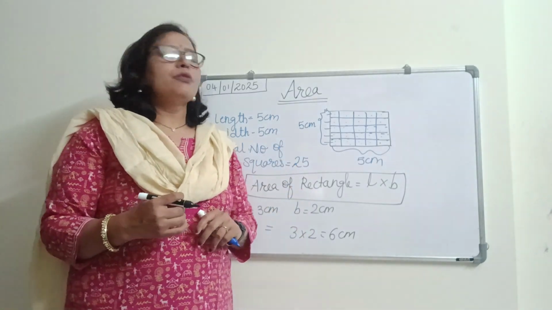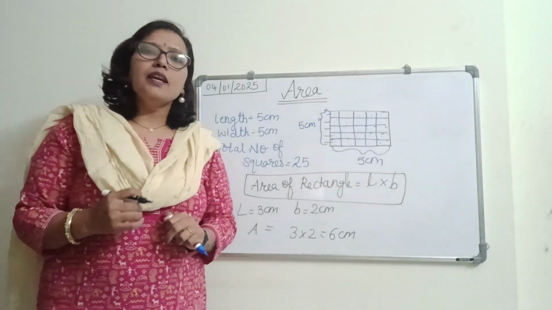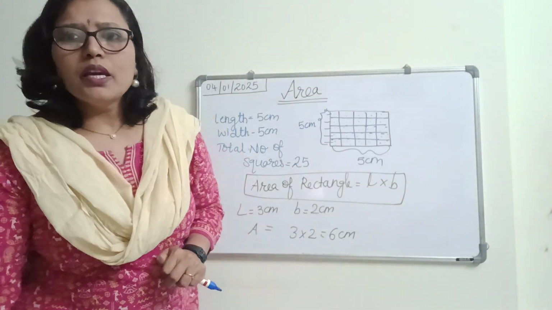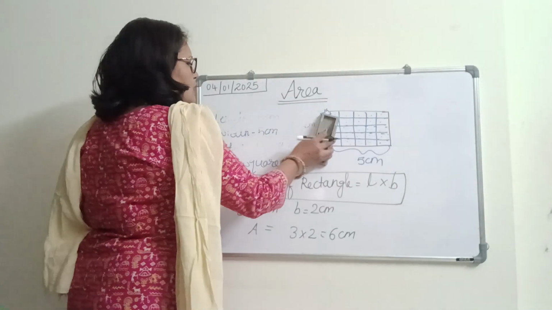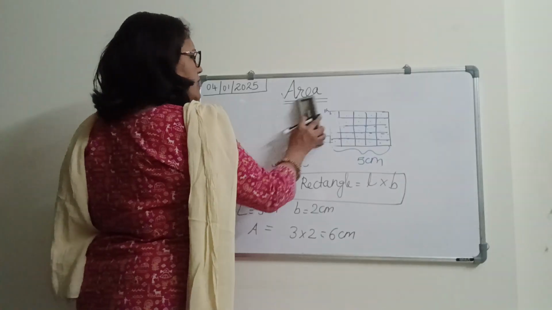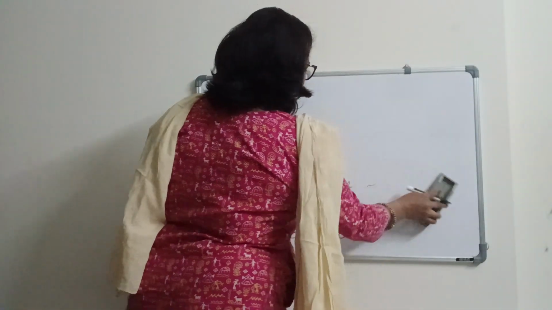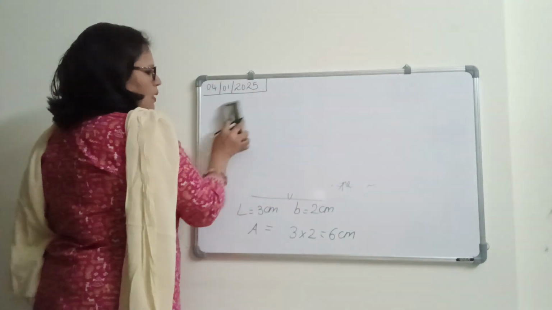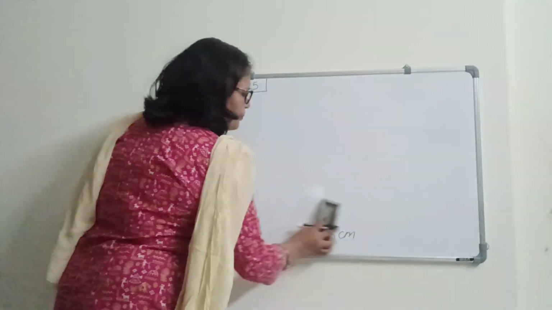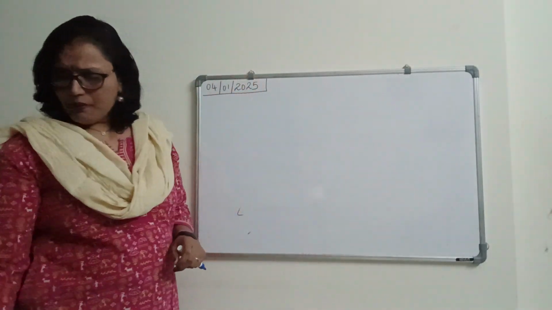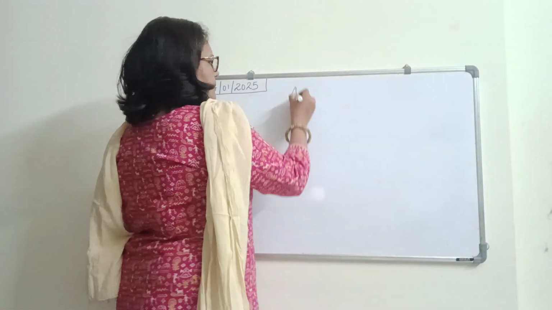Now we move further, to the area of the square. First, what is a square? A square is a figure whose all sides are equal. Such a figure we call a square.